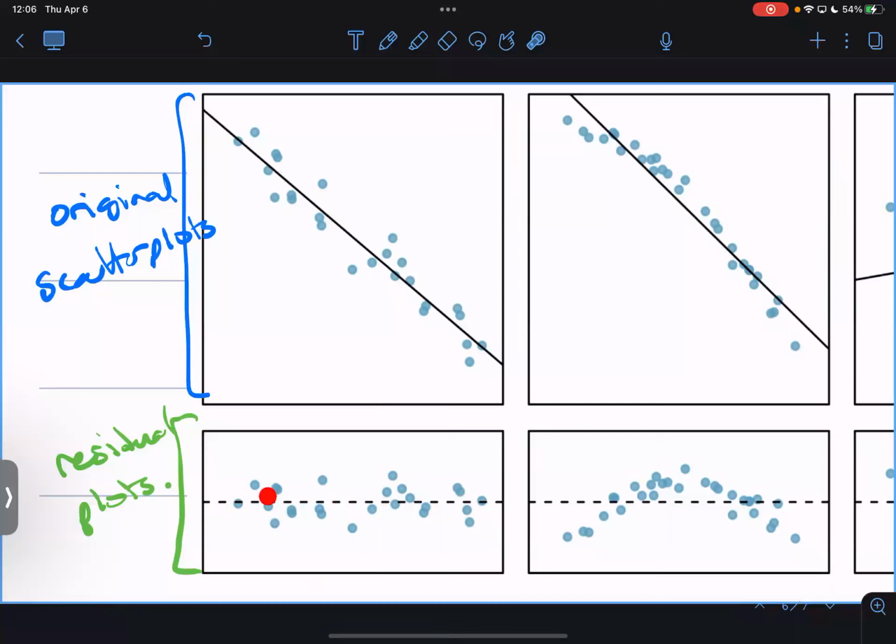That's good. I have constant variance, because I have this even band. So all the conditions are met, and linearity, it's a straight line around 0. Good. So this one is all good.